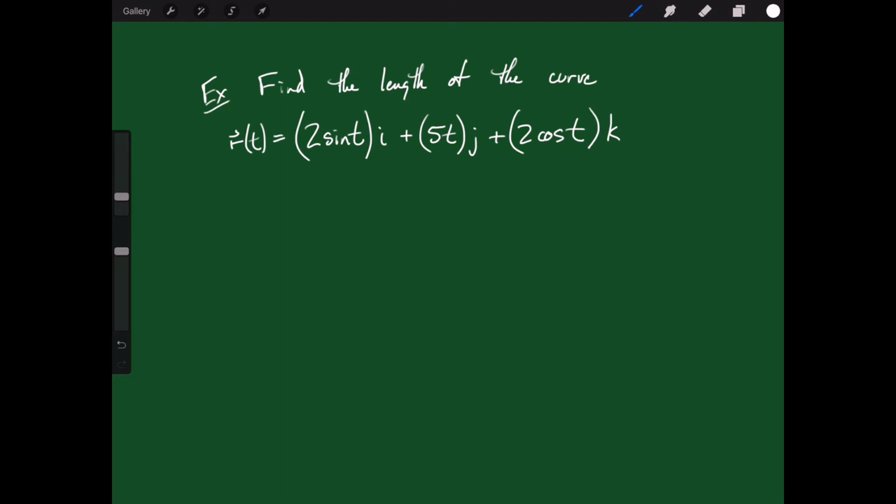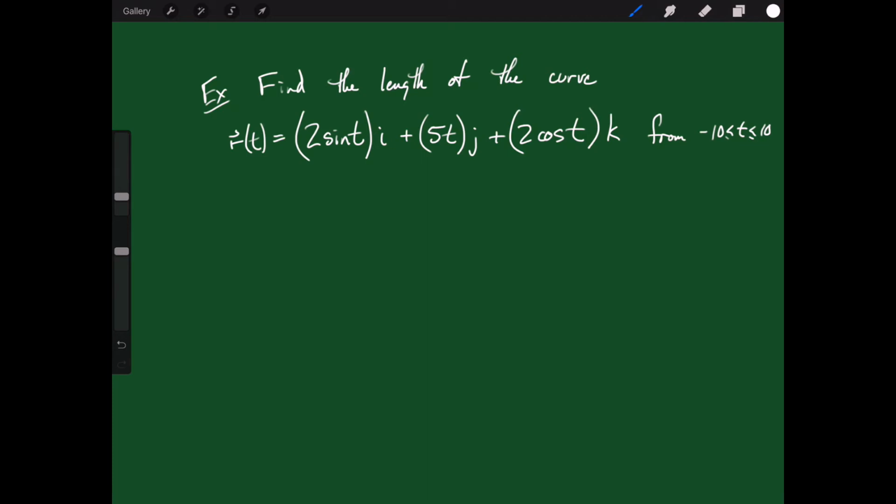And we'd like to find the length of that curve from -10 less than t less than 10. And I'll just go ahead and say less than or equal to for both of those. Okay, so for t ranging from -10 to 10.